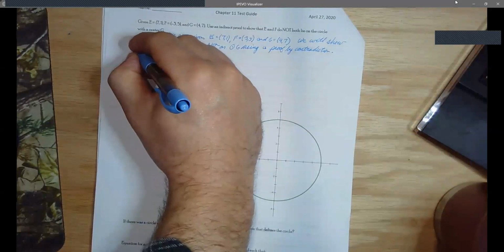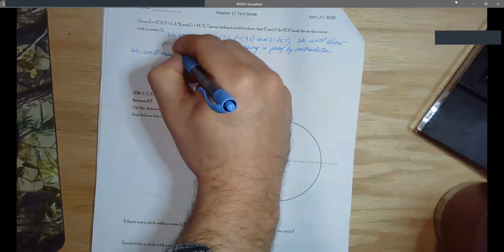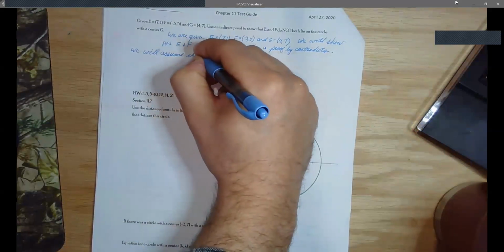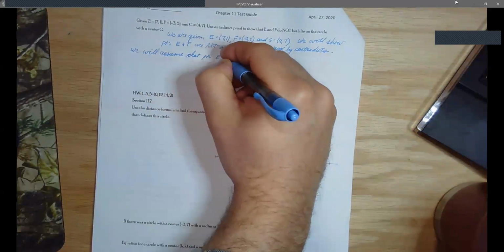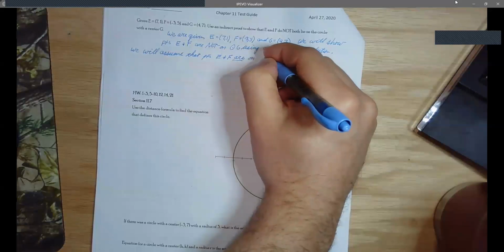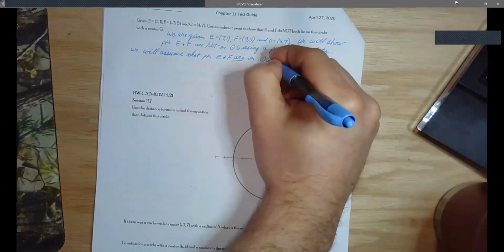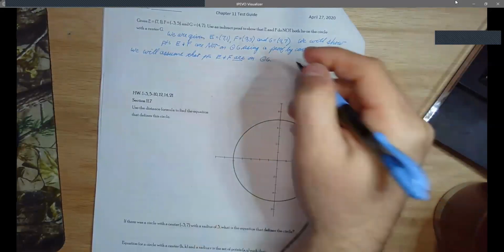So we will assume that points E and F are on circle G. And then, of course, we'll be looking for a contradiction.